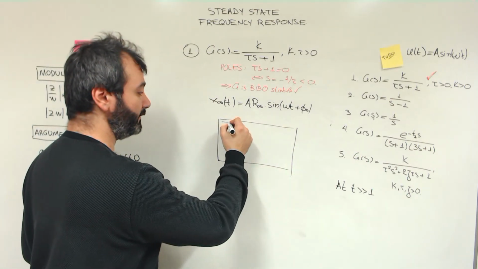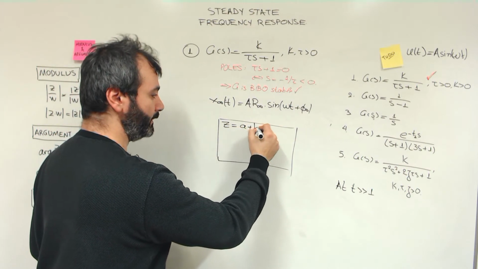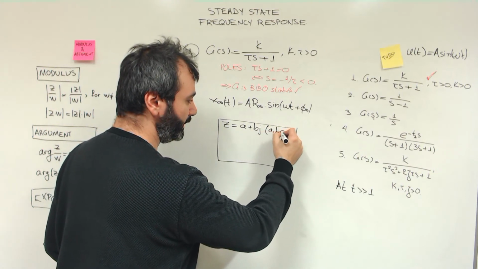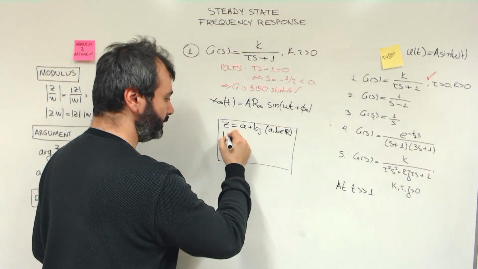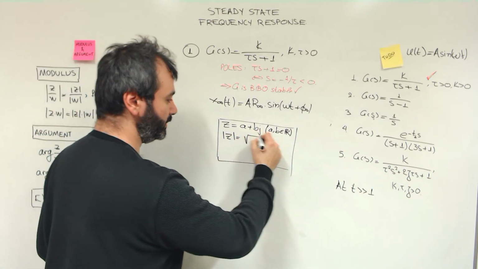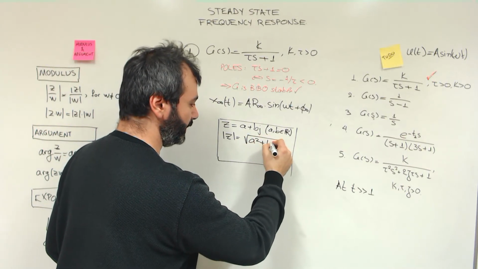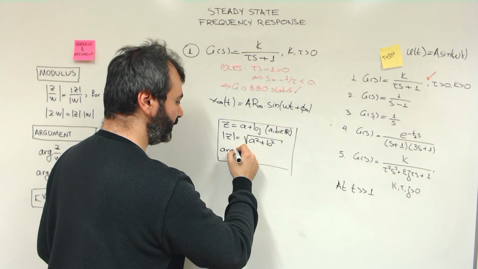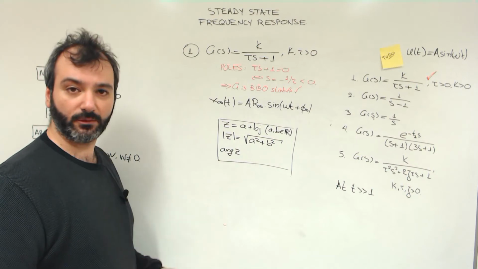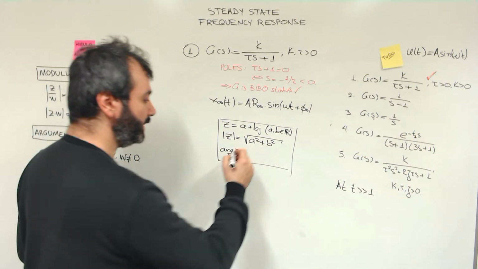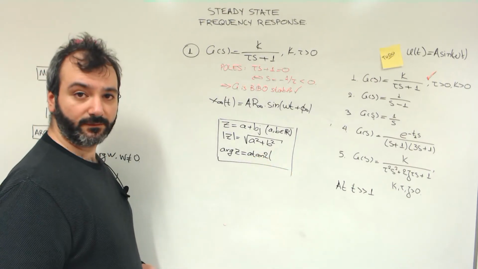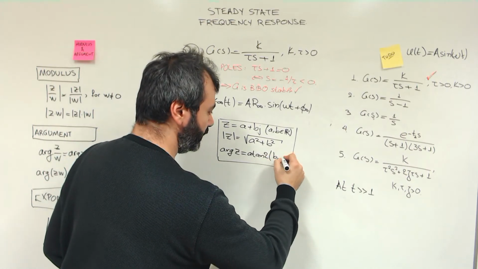First of all, if you have a complex number in this form, a plus bj, where a and b are real numbers, then the modulus of that complex number by definition is the square root of a squared plus b squared, and the argument of that complex number, which is defined provided that z is not equal to 0, since 0 does not have an argument, is equal to the 2-argument inverse tangent function of b, a.